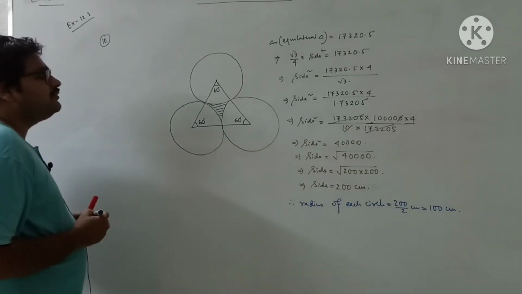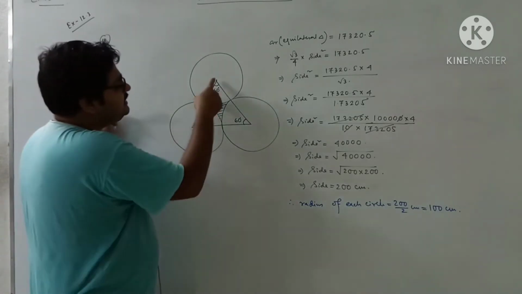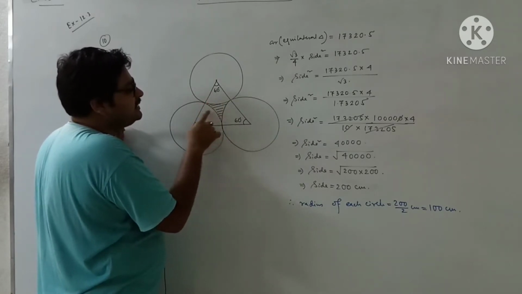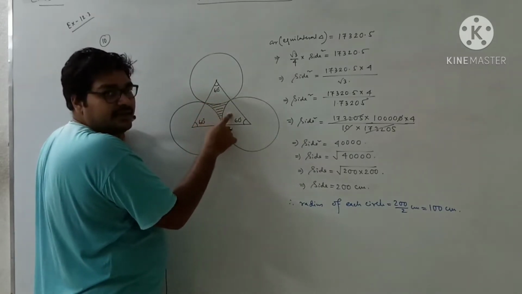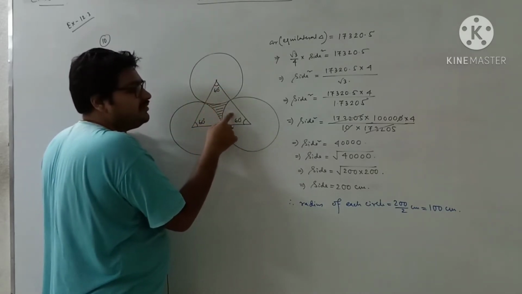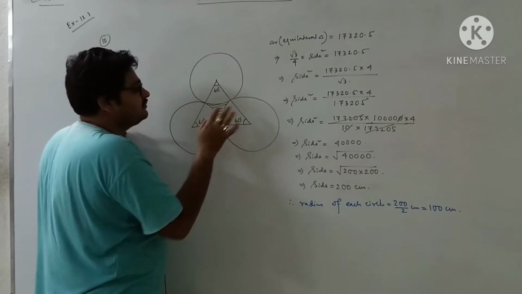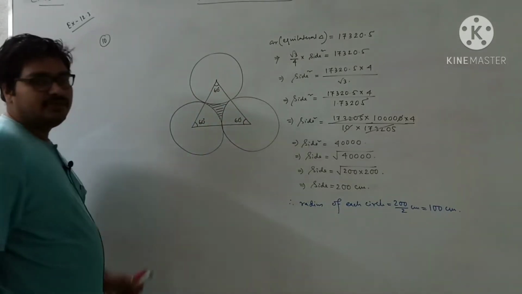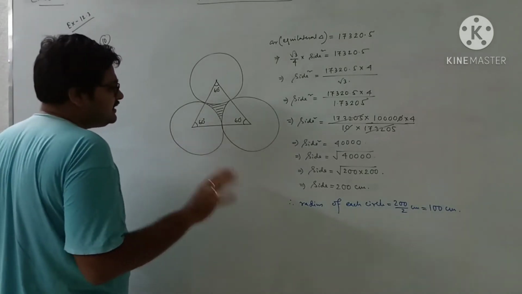Now what I have to do is, from this triangle area I have to subtract the area of these 3 sectors, correct? Not 3 quadrants, 3 sectors, because the sectorial angle is not 90 degrees, so we cannot say quadrant, it should be only sector.